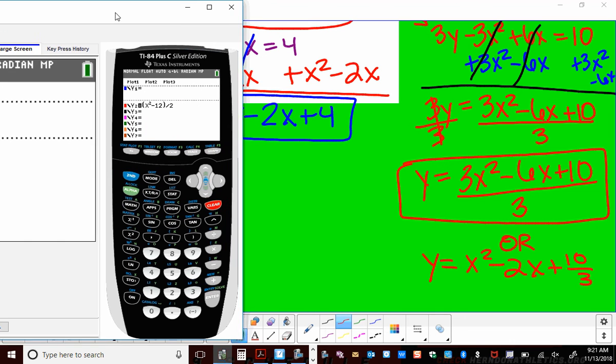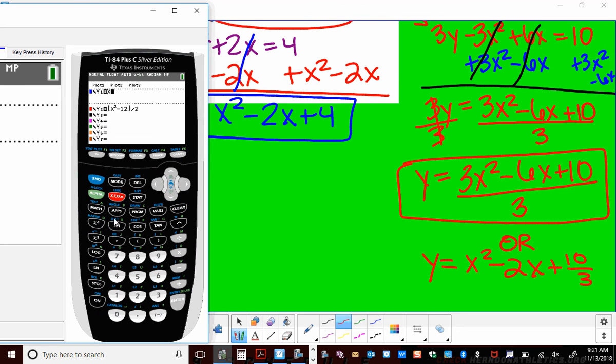Alright, I'm going to put this in my calculator. The first one is x squared minus 2x plus 4.